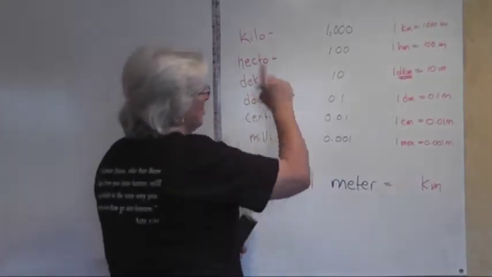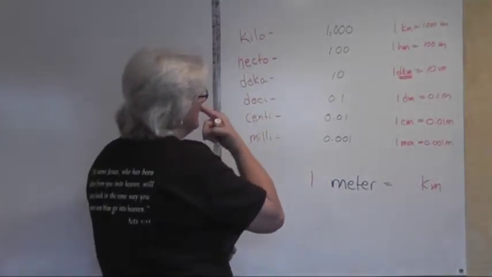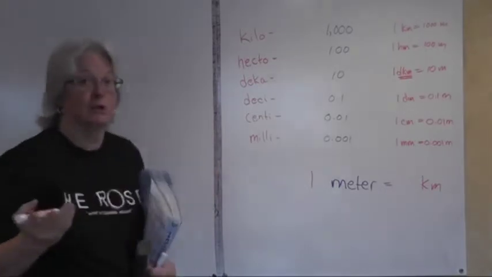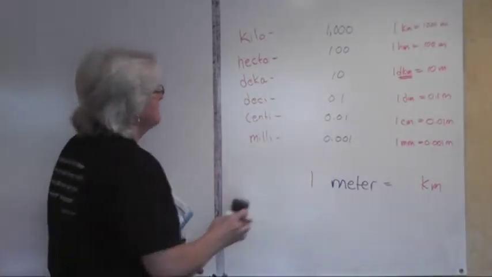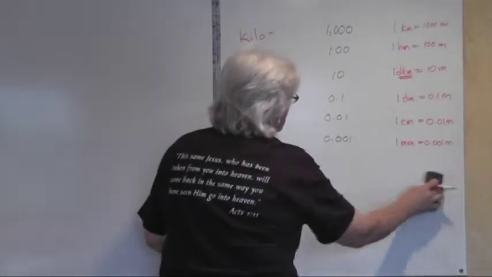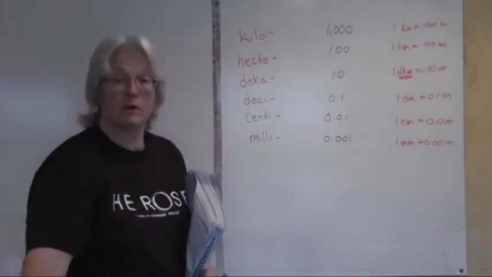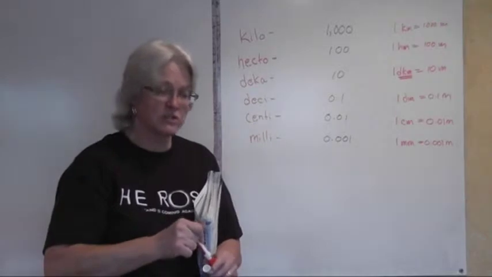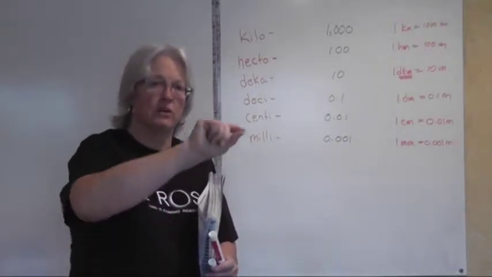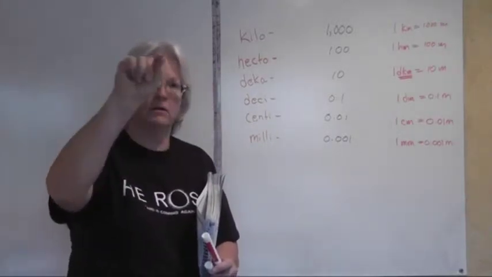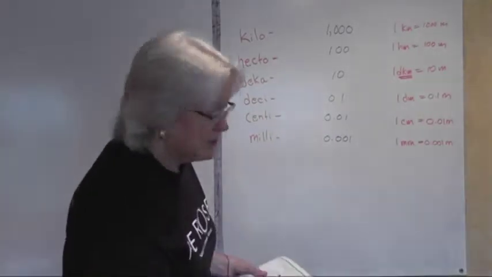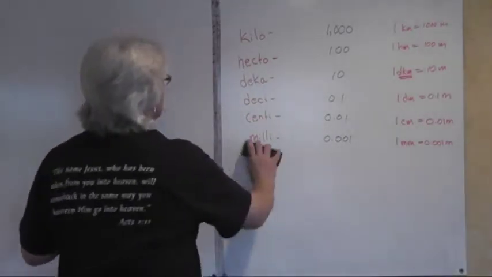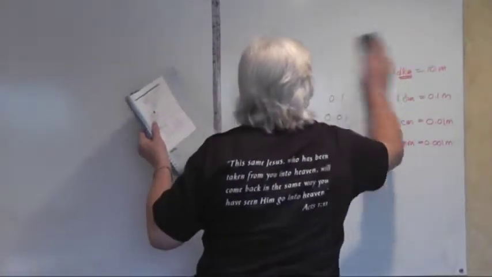I wanted to say that 1 kilometer is how many meters? Kilometer is 1,000 meters. So let me go ahead and show you this little chart that they have in your book that just shows you how you go multiply by 10, by 100, by 1,000 to change units. Go ahead and erase this.